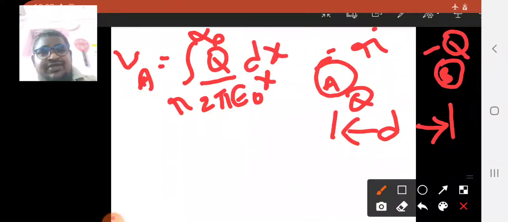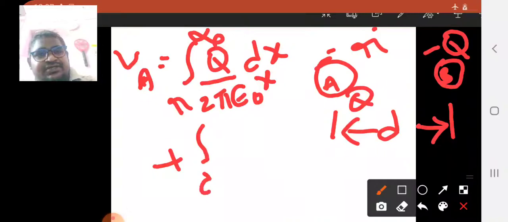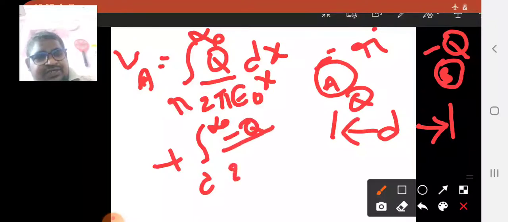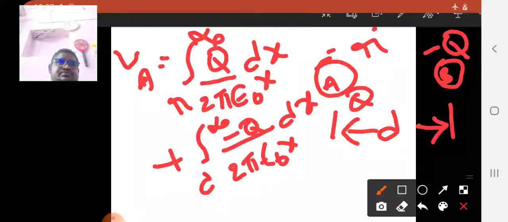This is the self term. Then for the mutual term, it will be plus the integral from d to infinity of minus Q, because the charge on B is minus Q, by 2 pi epsilon naught x dx.